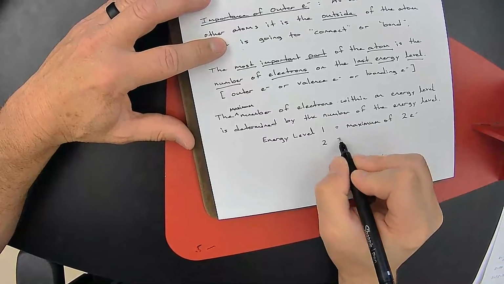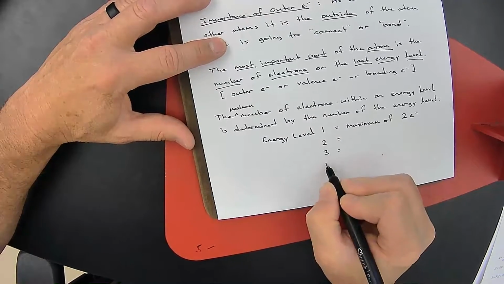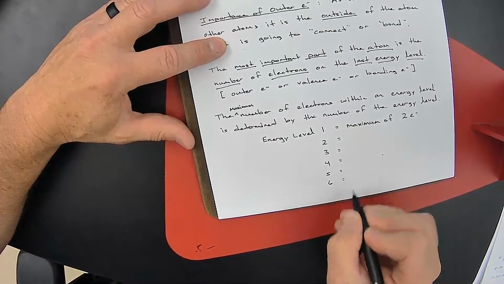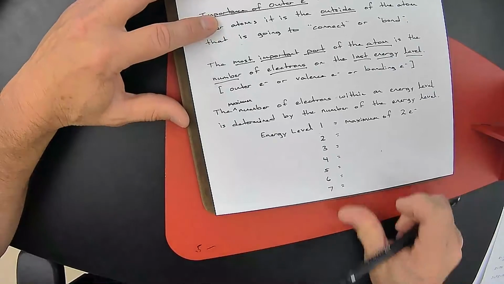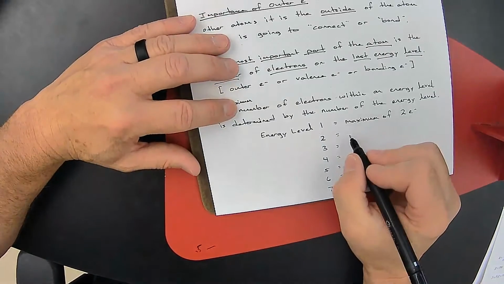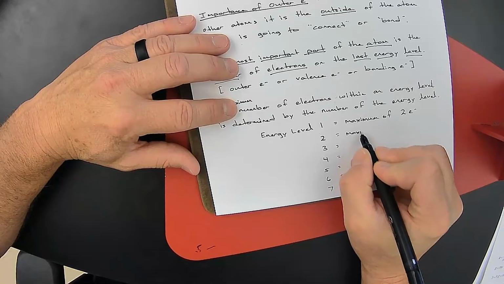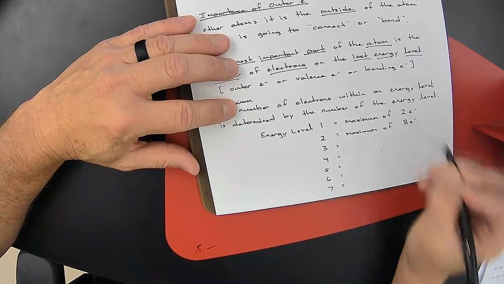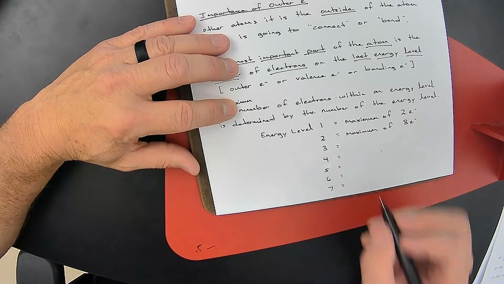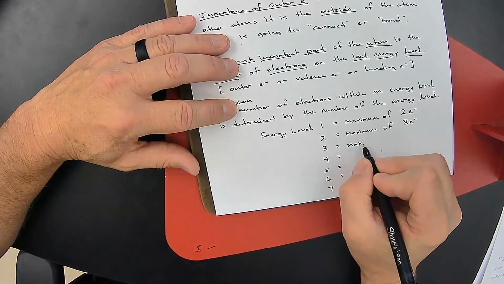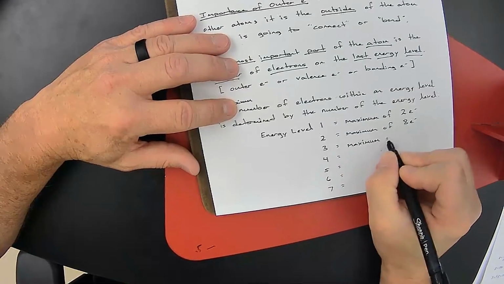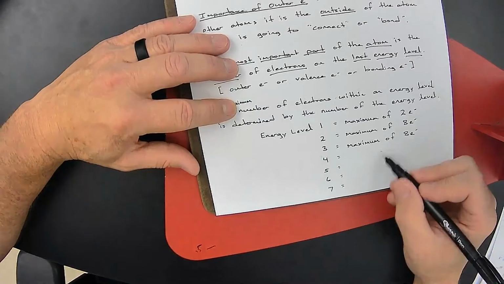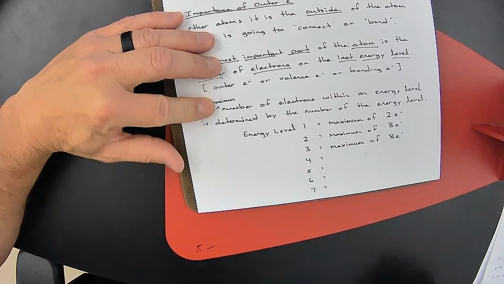Energy levels number 2, 3, 4, 5, 6, and 7 each have a maximum of 8 electrons, and these we will get to later as we go through.